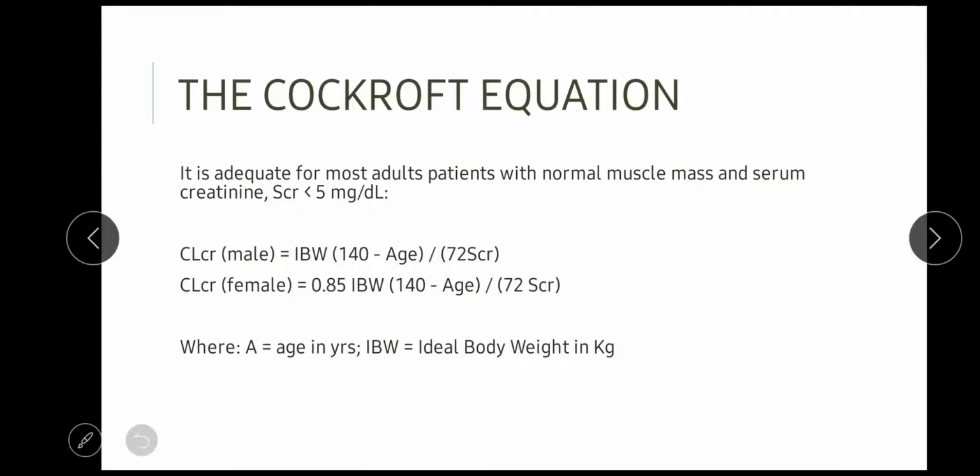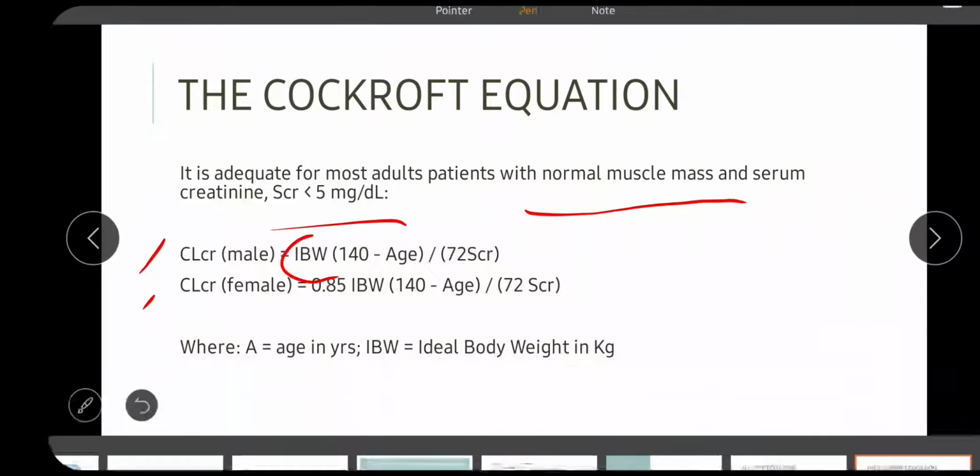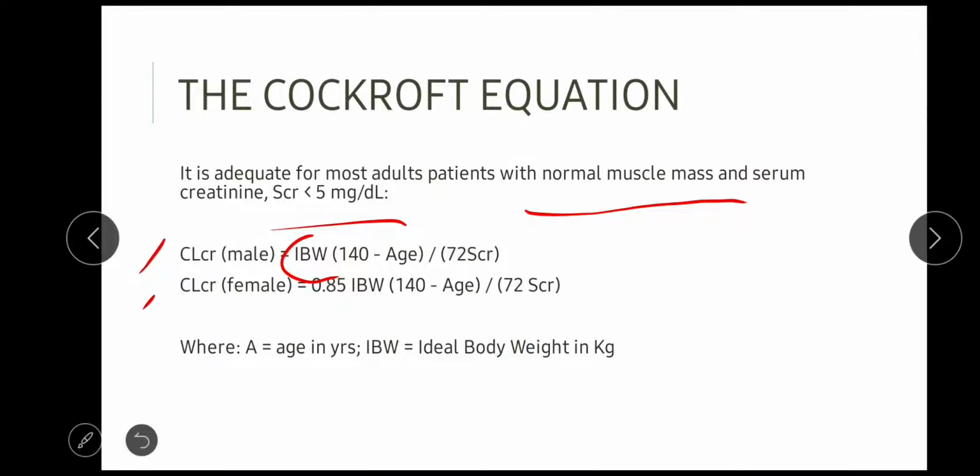For Cockcroft equation, adequate for most adult patients with normal muscle mass and serum creatinine of less than 5 mg per deciliter. So, halos same with Jelliffe. Then, yung formula natin, magkaiba din ang for male and for female. So, yung body weight natin, ito times na natin. So, 140 minus age over 72 times serum creatinine for male.